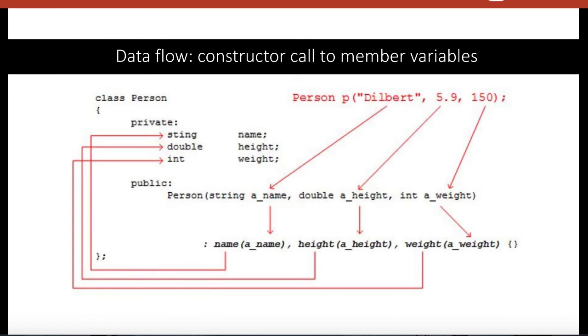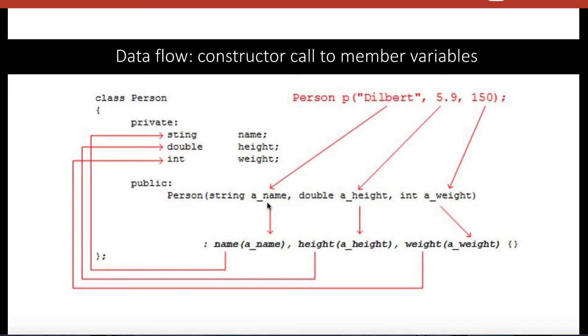Here is a nifty little diagram of the data flow within an initializer list. We have a class called person. We have a section of private member variables: string name, double height, integer weight. Then we have a public section with a person constructor, a general constructor, and we are passing in a string for the name.